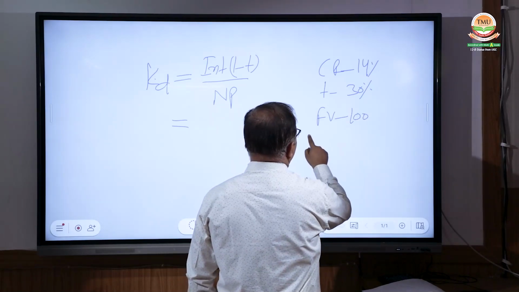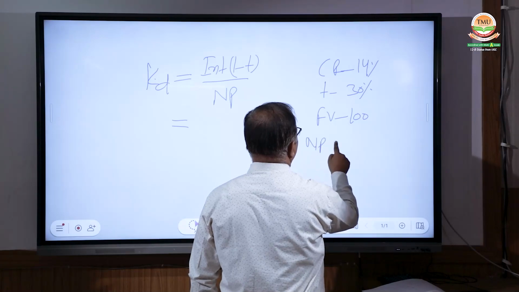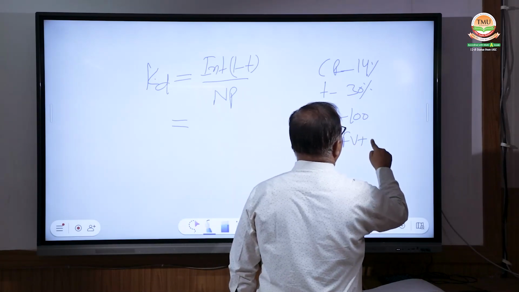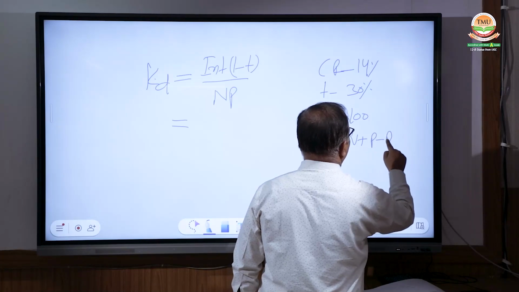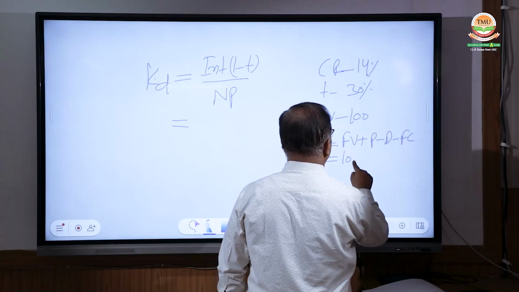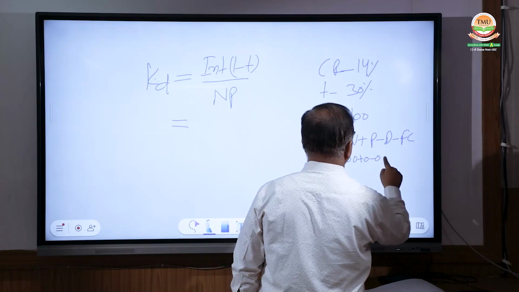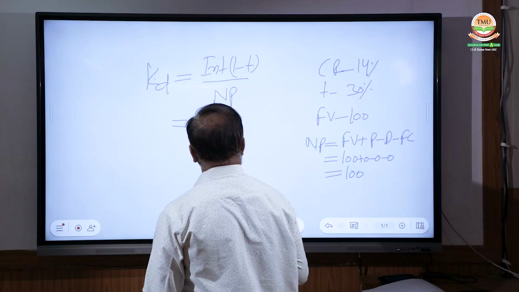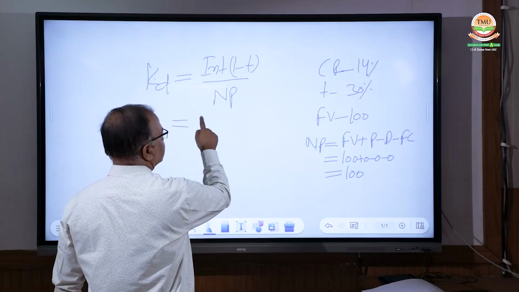Net proceed is equal to face value plus premium on issue minus discount on issue minus flotation cost, which is 100 plus 0 minus 0 minus 0 is equal to 100.